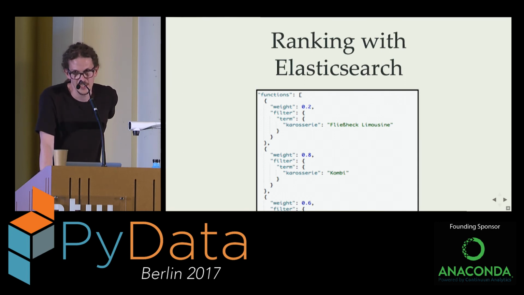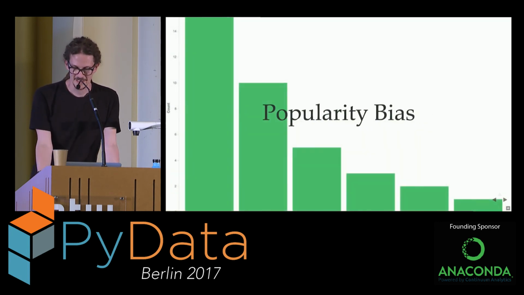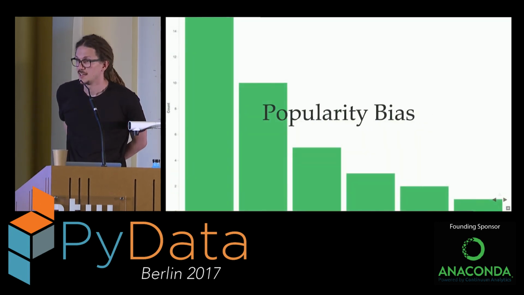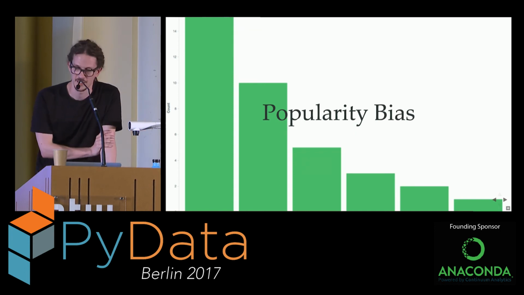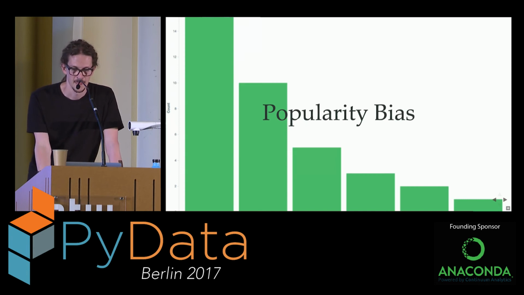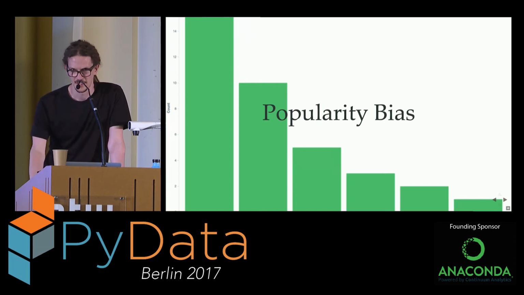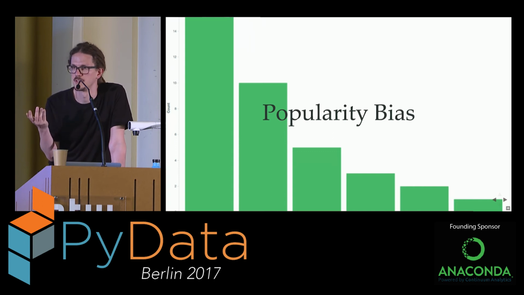I said that in the beginning of the UCB algorithms, you have to play all bandits once, play all arms once. But the data is quite biased. Here we're looking at the brands, and there are lots of Volkswagens, quite a few Peugeots, and there are very few, I don't know, Porsches, for example, right?